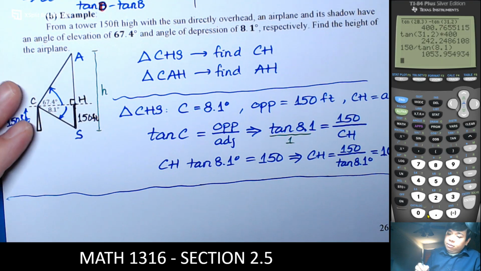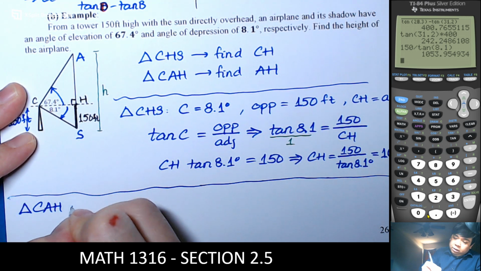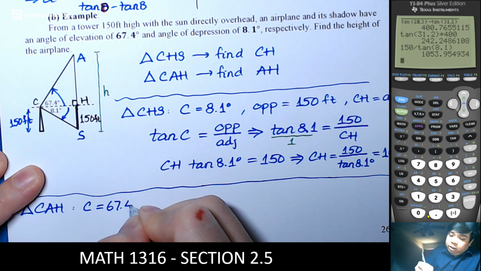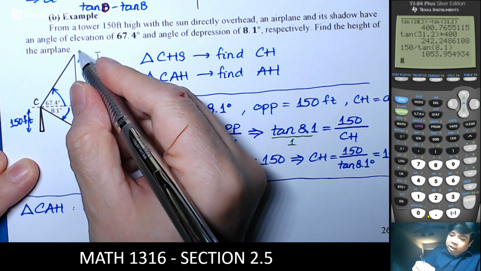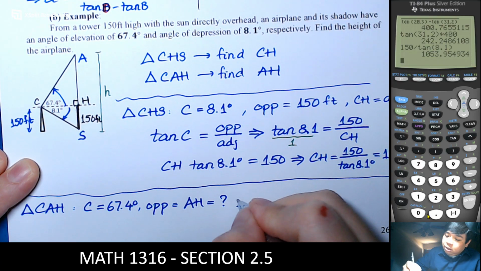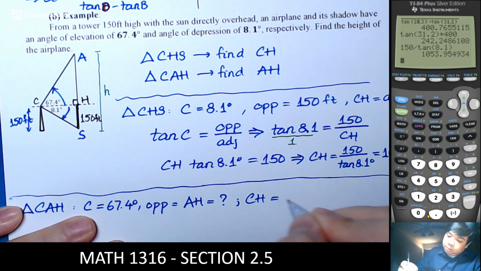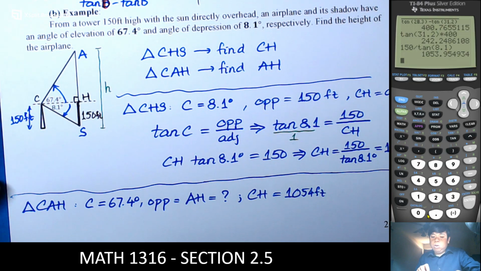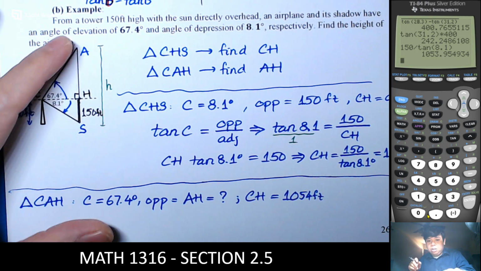Next, the triangle CAH. We have angle C is 67.4 degrees. The opposite to the angle C is AH, which we don't know. We're trying to find it though. We know adjacent is CH, which is that. So what ratio has adjacent CH and opposite?